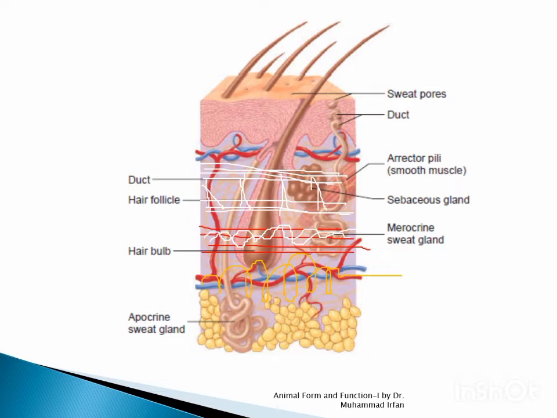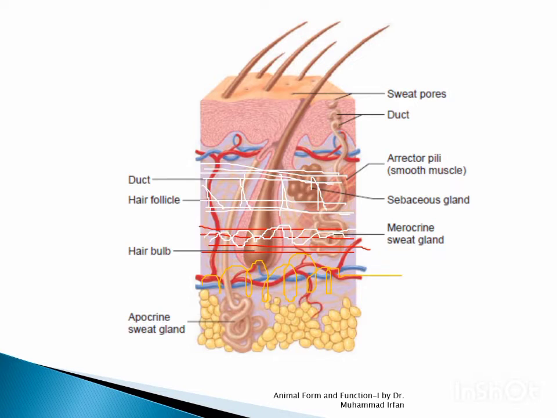Adipose cells and blood vessels are very rare in the dermis, as compared to the hypodermis. Hypodermis is actually not part of the skin. It is another layer of connective tissue that is present beneath the dermis, connecting the skin to the muscles.